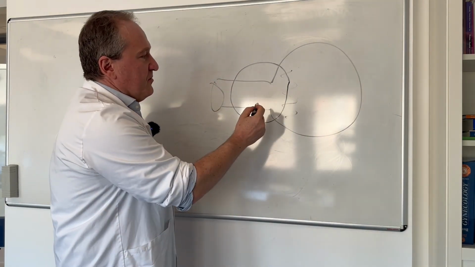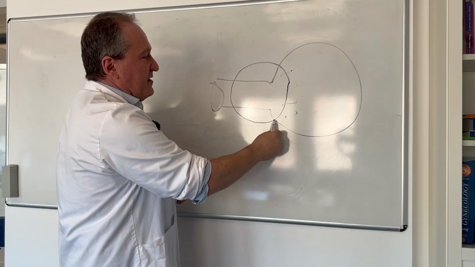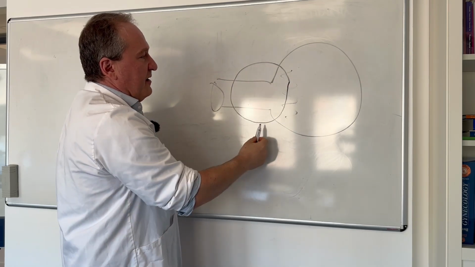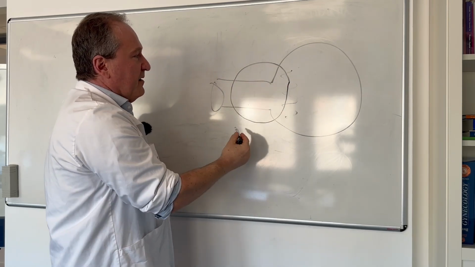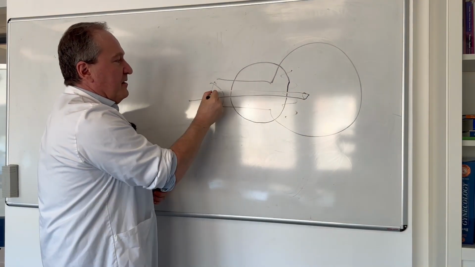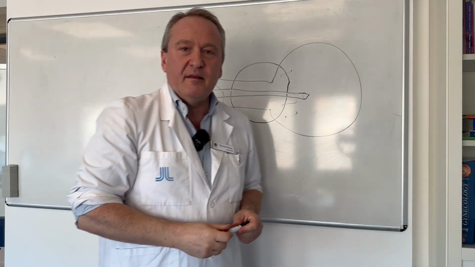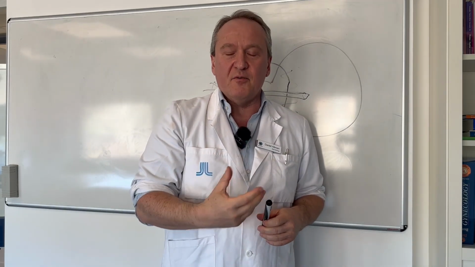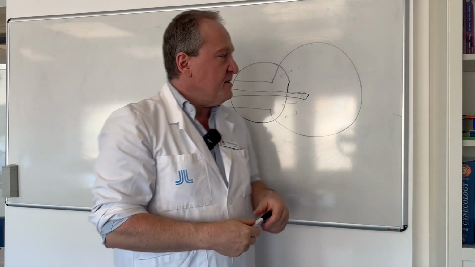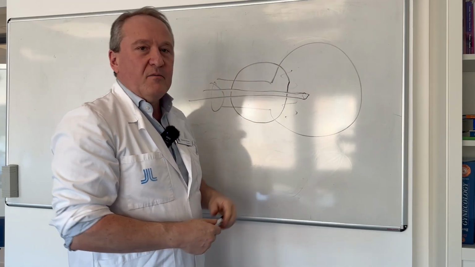Now what we believe happens is that the inflammation will affect the tissues around the urethra and the lower part of the bladder. When you do a cystoscopy, a camera examination of the bladder, most of the times you will not see anything because the inside of the bladder and the urethra will not be affected, but it's the tissues surrounding the urethra and the bladder which are inflamed.